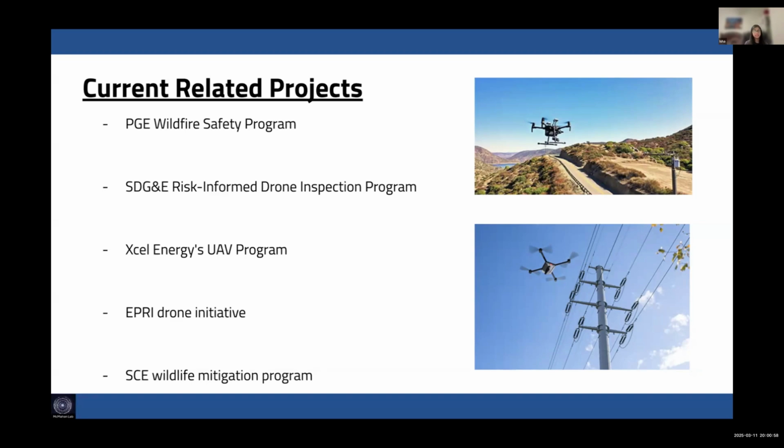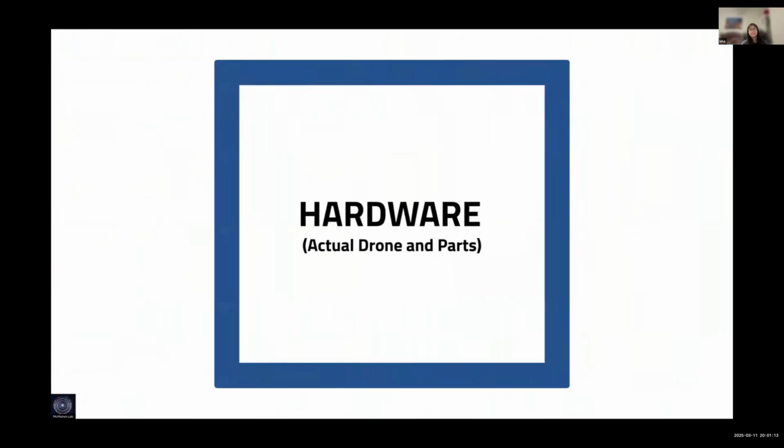SCE's wildfire mitigation program seeks to reduce the risk of harming wildlife while repairing utility infrastructure like power lines. And these are just some of the projects that are currently active in an attempt to prevent wildfires. So next, Nura is going to be talking about the hardware of our drone.